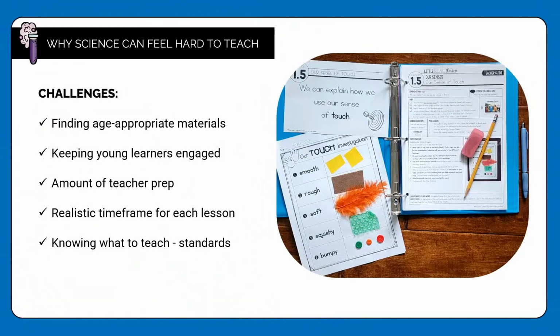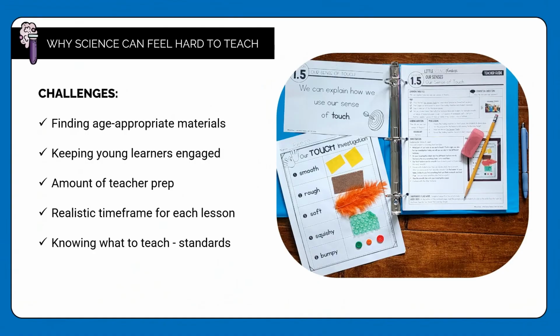So my experience as a classroom teacher is what really led me to develop these programs. And as teachers know, teaching science in particular in the primary grades can present several challenges. Teachers and families are looking for materials that are developmentally appropriate, that have optimal direct instruction time, which generally aligns to age-appropriate intervals, so roughly 5 to 8 minutes of direct instruction of new content for a 5 to 8-year-old child is ideal.